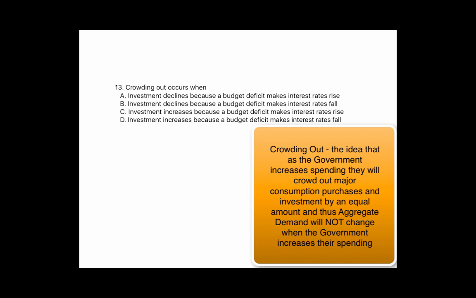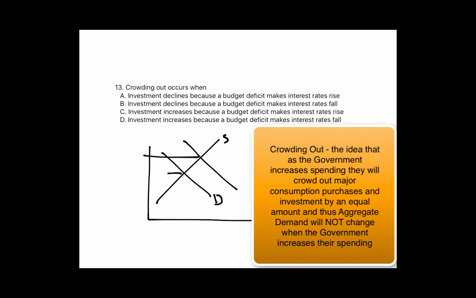But the problem is that crowding out occurs because if the government starts competing for loanable funds, because obviously they're going to have to get money from somewhere, which they get from this market for loanable funds, right? That might increase the interest rate from, say, I1 to I2, which is going to crowd out some of that spending.